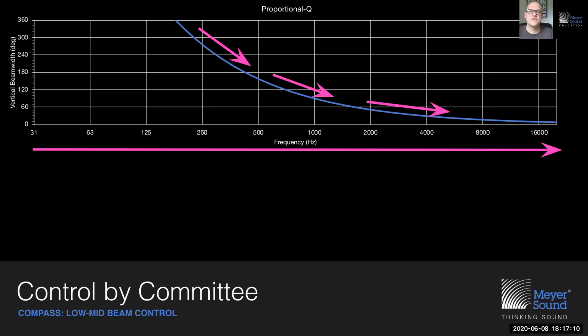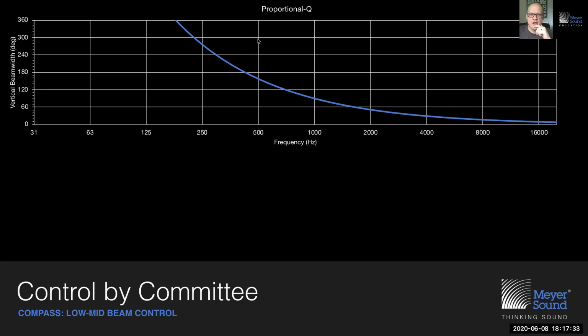As frequency goes up, the loudspeaker becomes narrower, and therefore its directivity factor, its Q value, goes up, hence proportional Q. And this is what makes every line array element, in the vertical, mind you, a tick. They're omnidirectional at low frequencies, and then they become super directional at high frequencies, not showing you the same beam width for more than a single frequency. And this is the building block.